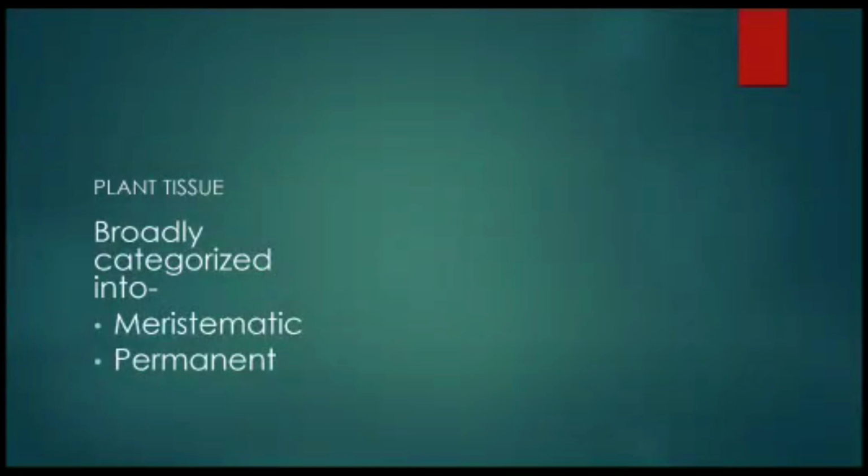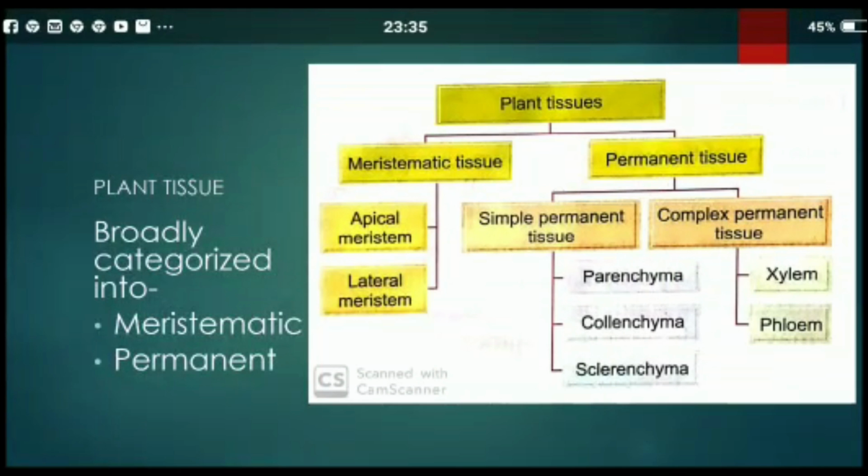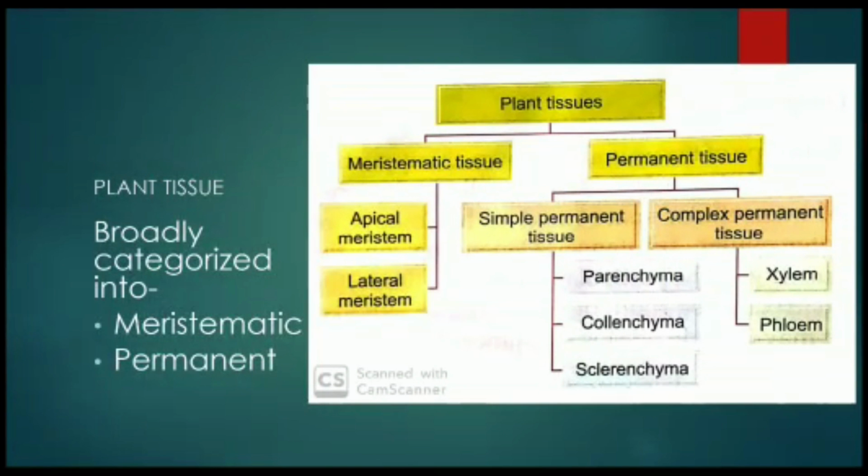So we shall begin with the plant tissue now, which is broadly categorized into meristematic tissue and permanent tissue. Let's see one flowchart which will make it more clear that plant tissues are further divided into meristematic tissue, which further has apical meristem, lateral meristem.